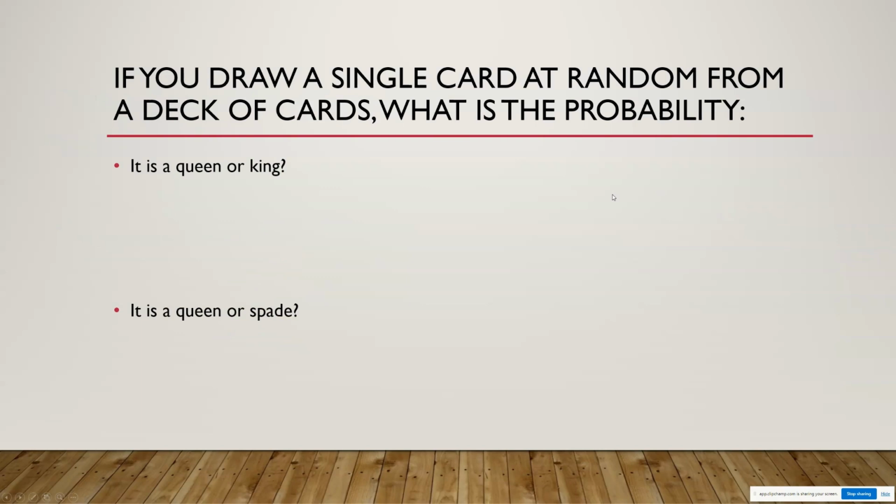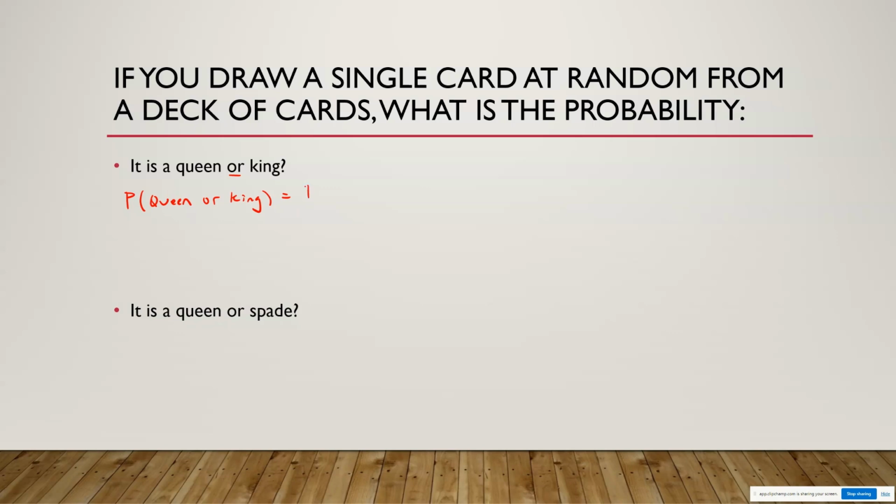All right, so here's the problem. If you draw a single card at random from a deck of cards, so imagine shuffling up the deck and then drawing one card. The first question is, what's the probability it's a queen or a king? That 'or' right there tells me it's going to be the general addition rule.